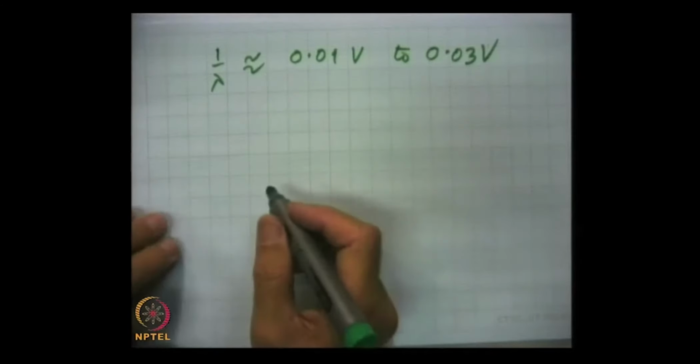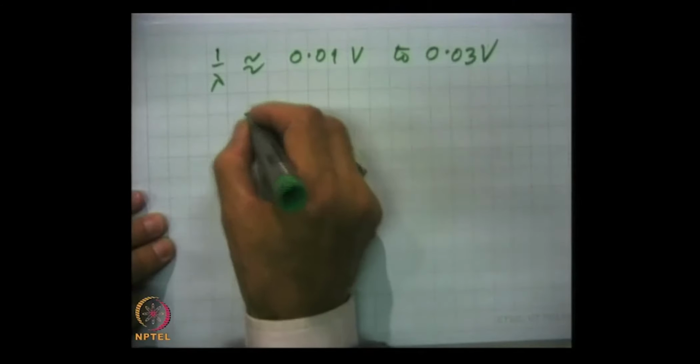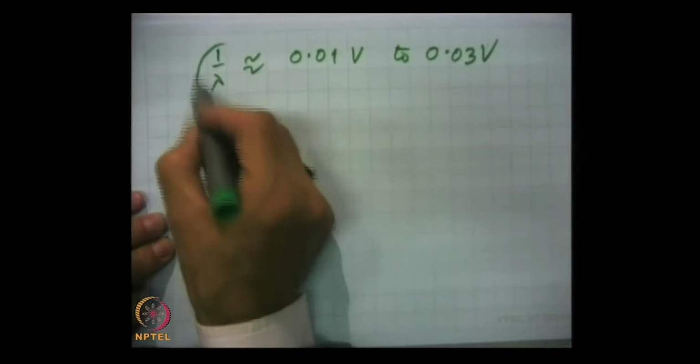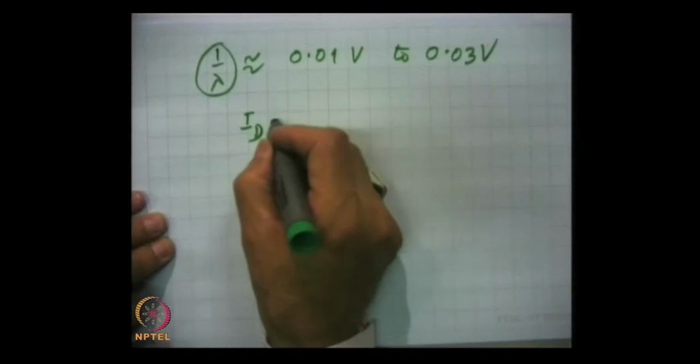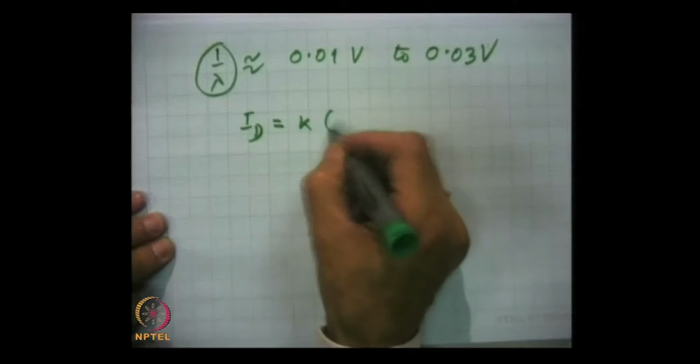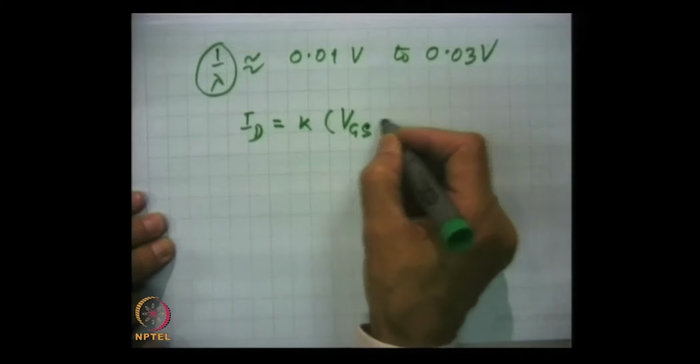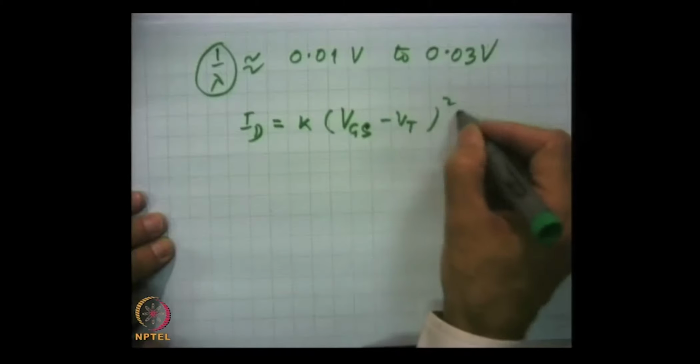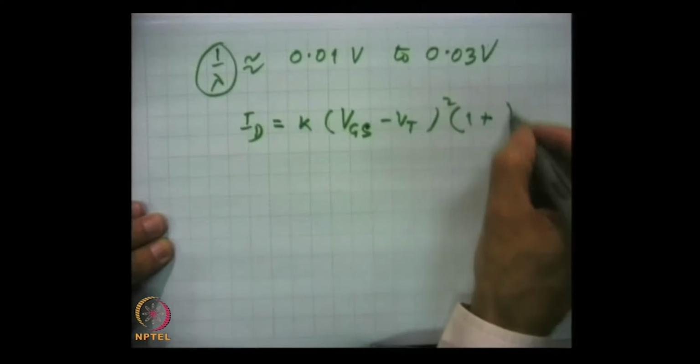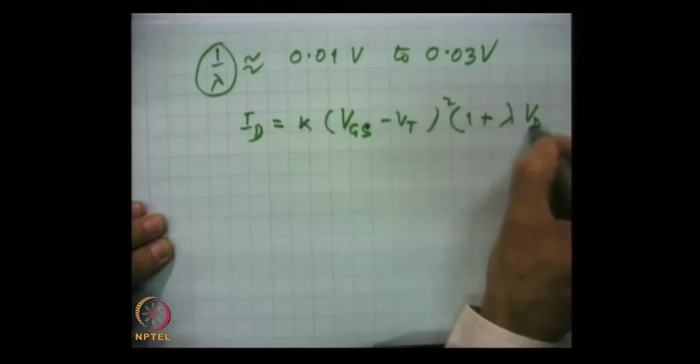Of course, this is on the negative side, and when we consider this Early voltage, the ID dependence is K (VGS minus VT) squared times (1 plus lambda VDS).